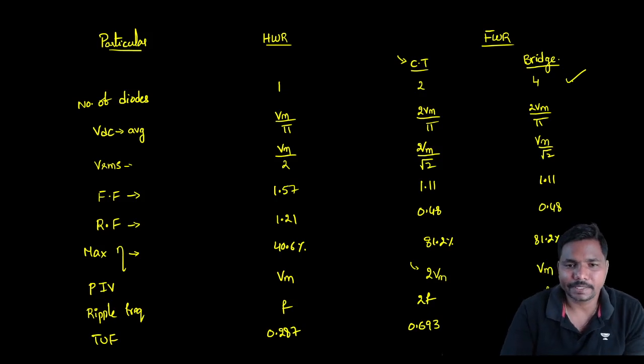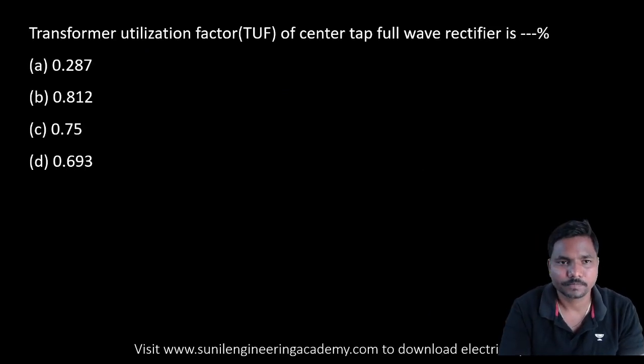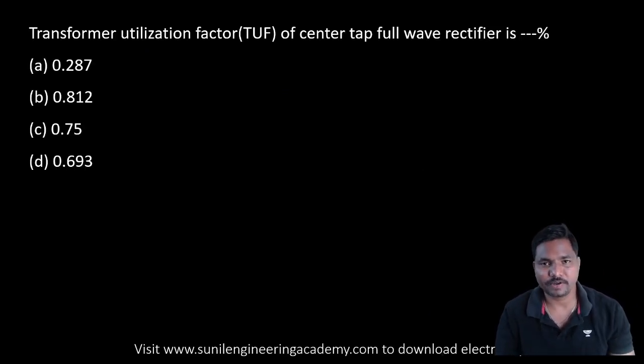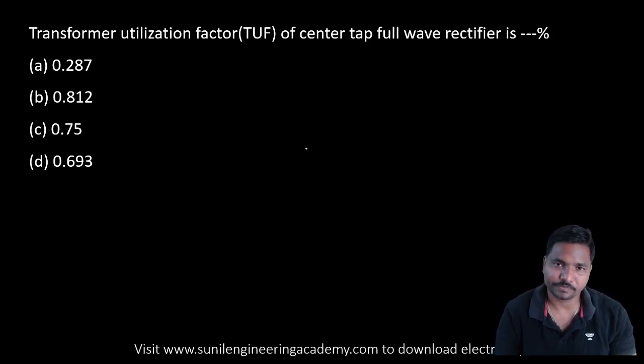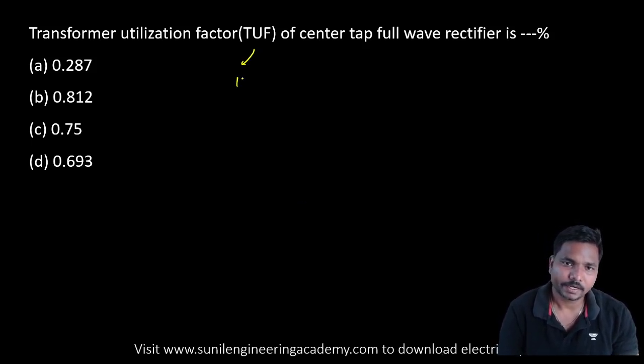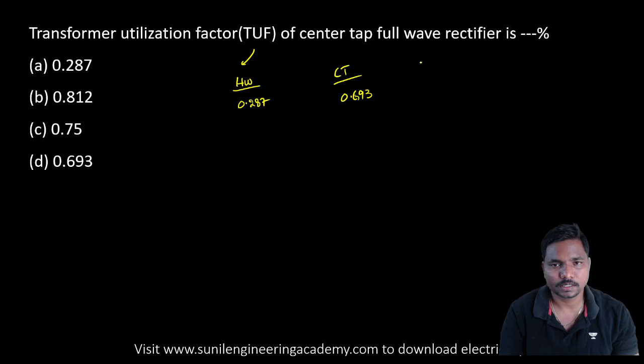Okay, completed. Coming to the next question: the transformer utilization factor of center tap full wave rectifier. We have already discussed, in half wave it is 0.287, center tap 0.693, and bridge rectifier 0.812.